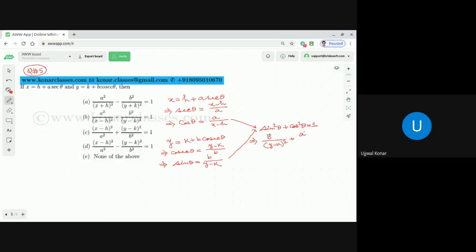Sorry, it should be b square by y minus k whole square plus a square by x minus h whole square is equal to 1. Correct, na, dear students? And eventually we get the correct option as B.